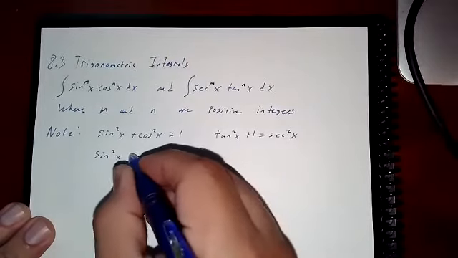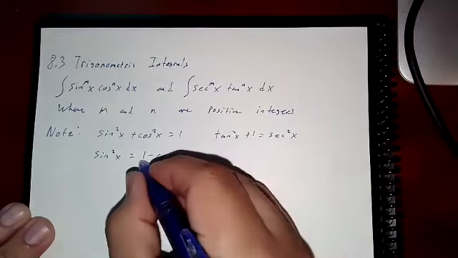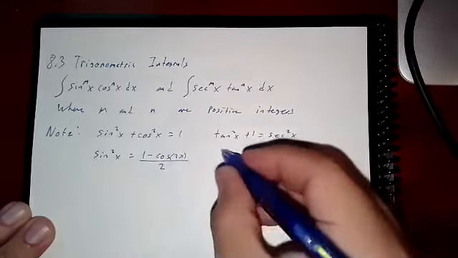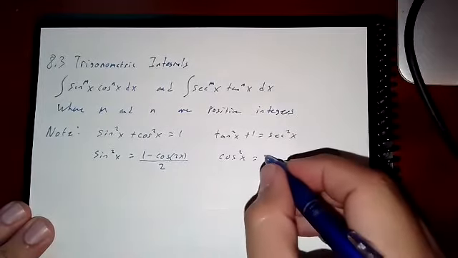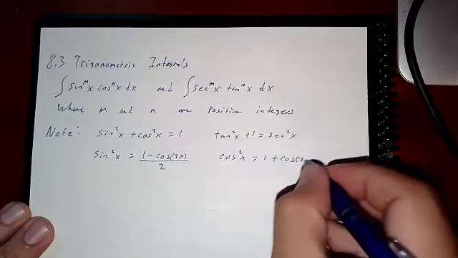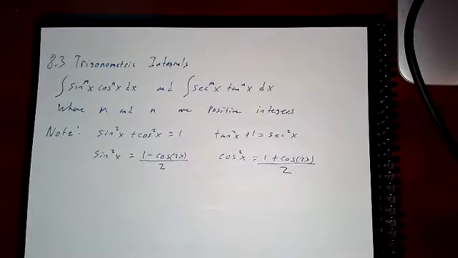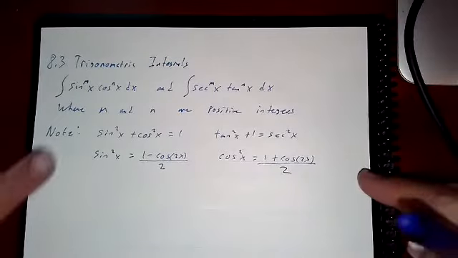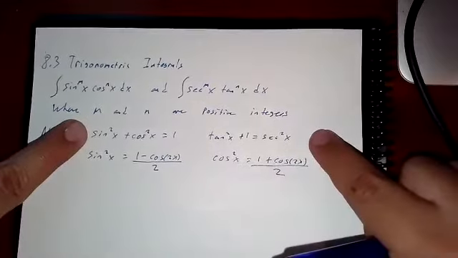Sine squared x is equal to (1 minus cosine 2x) over 2. Cosine squared x is equal to (1 plus cosine 2x) over 2. You guys remember these? They're finally useful. Well, at least these two. These two we didn't use that much in pre-cal. This we use all the time.